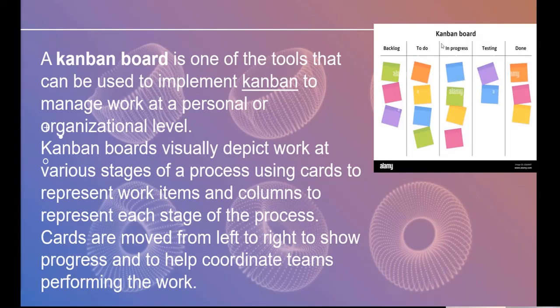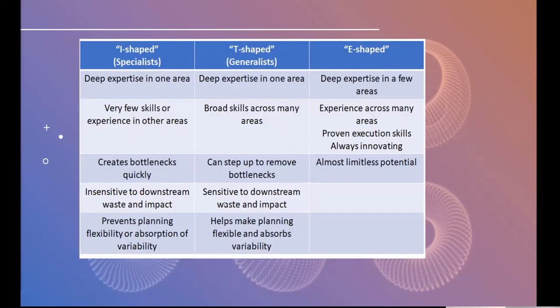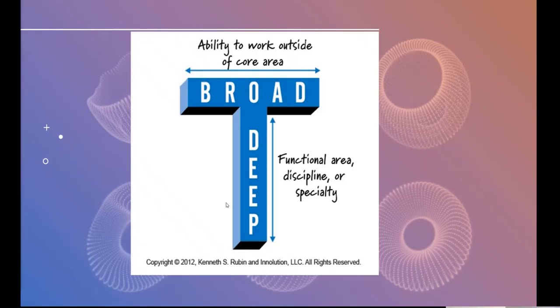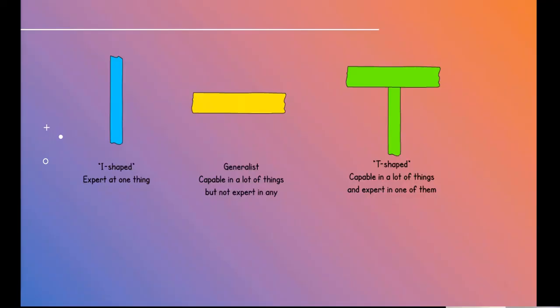So in the Kanban board, we can find out the progress of the project work. And then there are different types of people. We'll discuss how we can configure our teams with different types of people. There are I-shaped people, generalists, and T-shaped people.